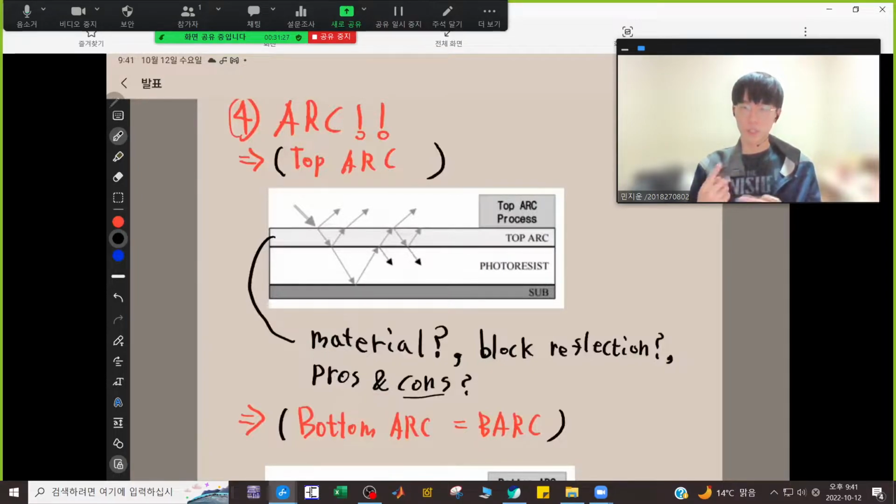The solvent problem is that the anti-reflection material also has solvent. So this solvent melts the photoresist, and also this material is so soft that we can use it with a hard mask. It also has spin coating problems like non-uniform coating.